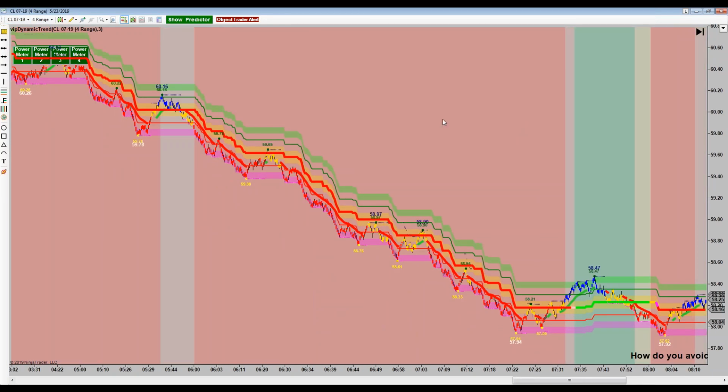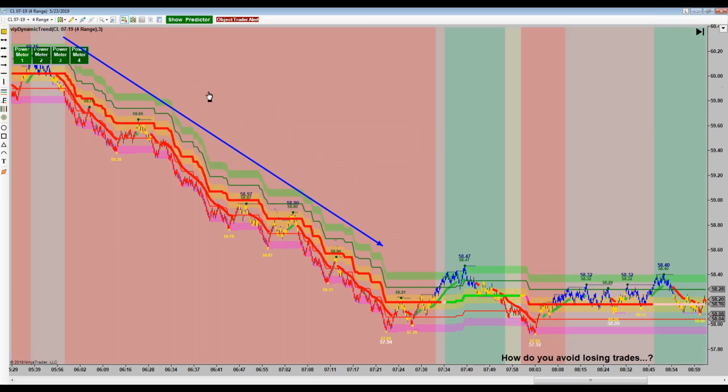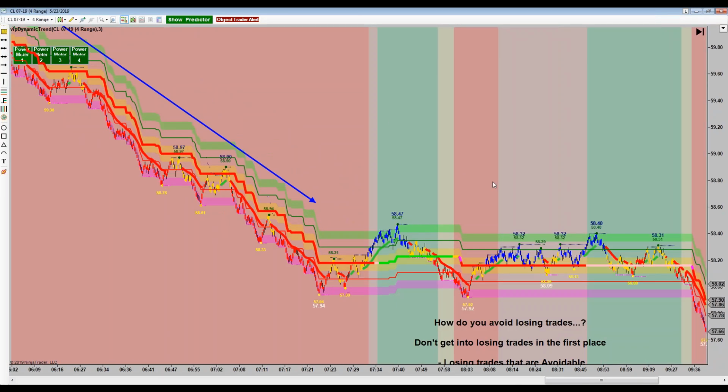When a market is in a protracted downtrending type move, generally you're going to see the background be red. Here's a good example of a long protracted sell-off in crude that we had this morning. We'll talk about how to trade those, definitely, downtrends like on crude. And then you have markets that go sideways.